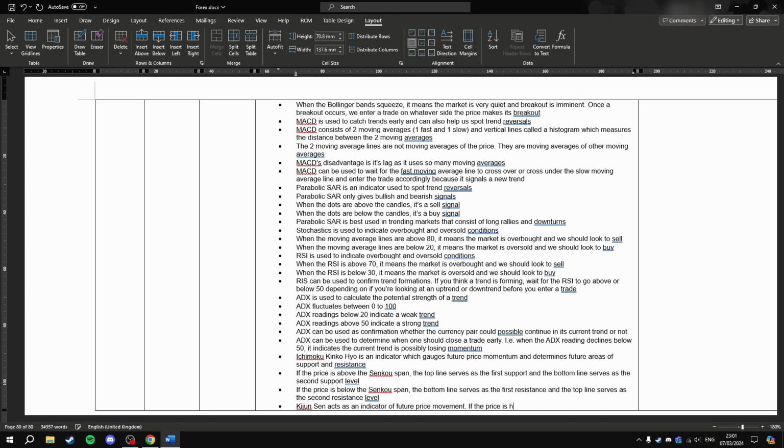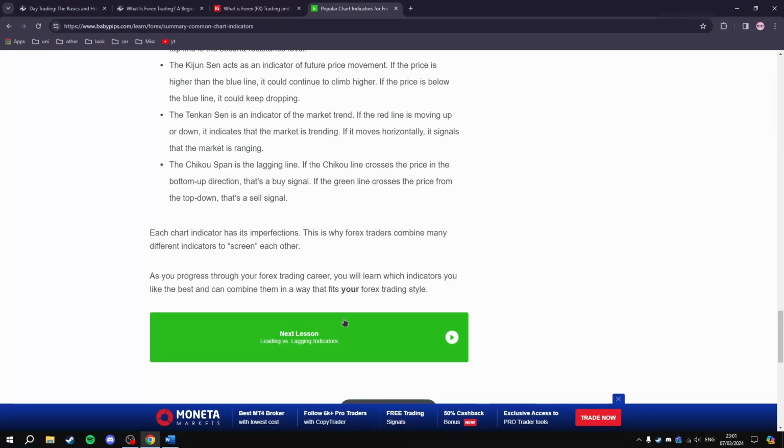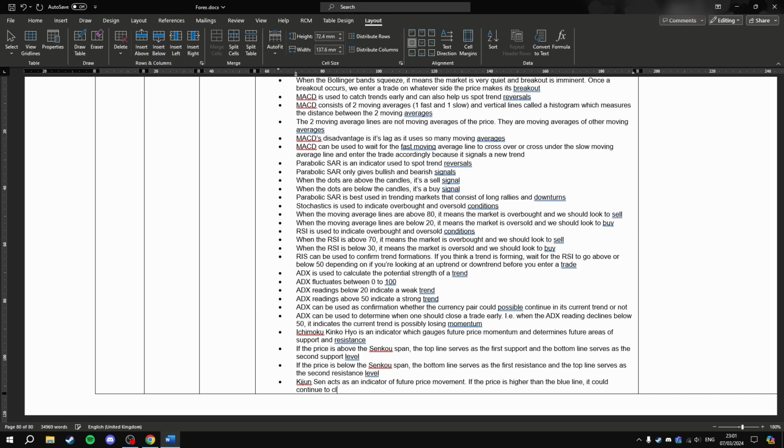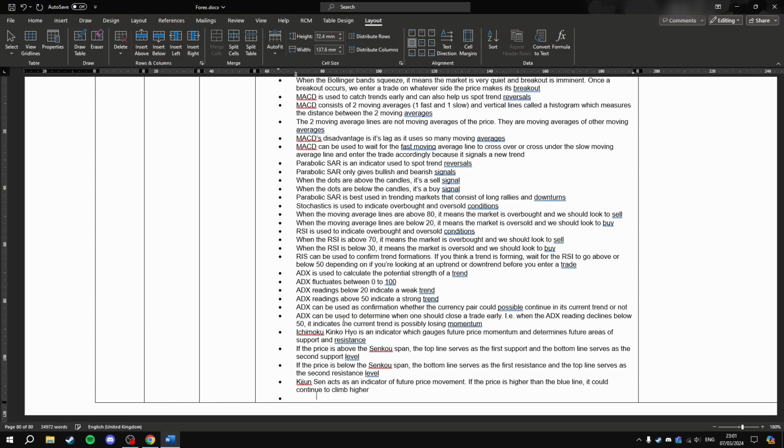If the price is higher than the blue line, it could continue to climb higher. If the price is below the blue line, it could continue to drop lower.